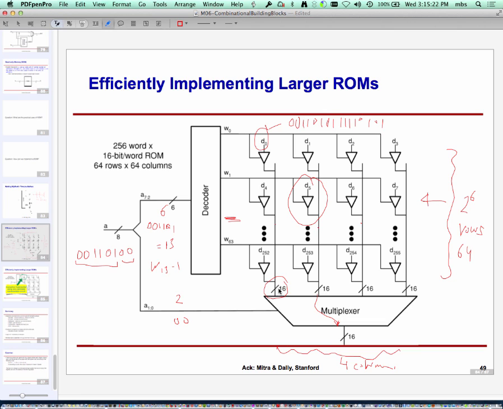Why are there 64 rows? Because I fed 6 bits out here, so 2 to the power 6. The decoder will have 2 to the power 6 lines, 64. That's what it is. But why does that topology say why? Think in terms of originally my decoder needing 256 lines.